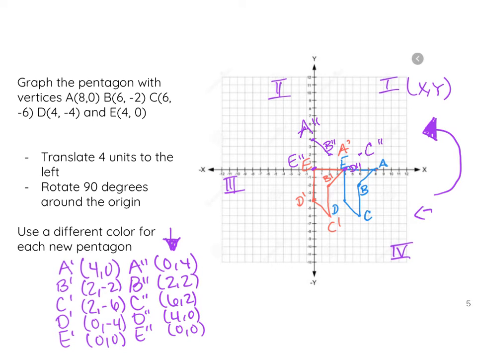A to B, B to C, C to D, D to E, and then E to A. So I have the same pentagon. It's just undergone 2 transformations, okay? So I started here with the blue, and then we translated, and finally we rotated to get our shape up here.